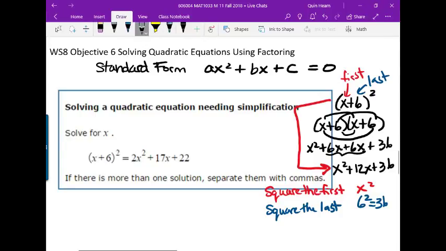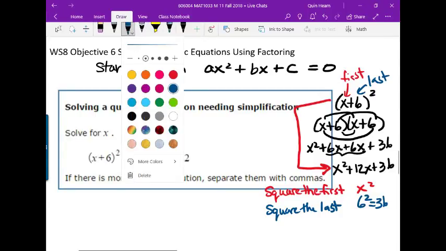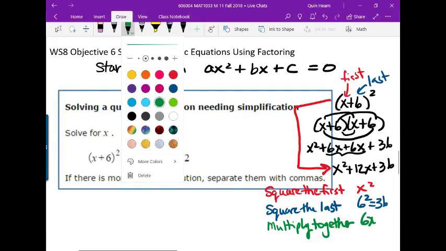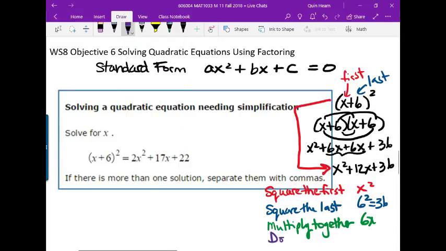And then you say multiply together and double up fast. So multiply together is referring to multiplying the 6 times the x. And double up fast is saying to double this guy, so that'd be 12x.